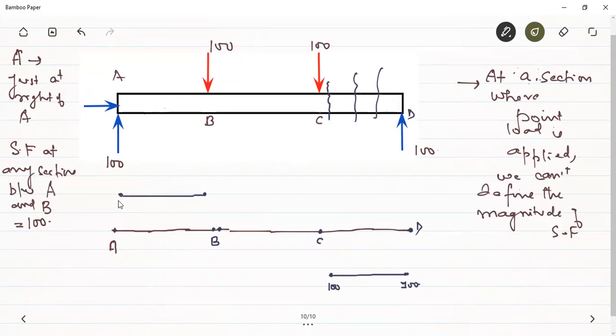But actually 100 is just to the right of A. As soon as they reach B, they directly shoot to 0. But I told you that actually it is 100 just to the left of B. After that, they remain constant.